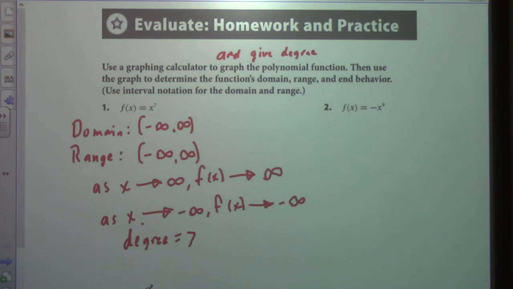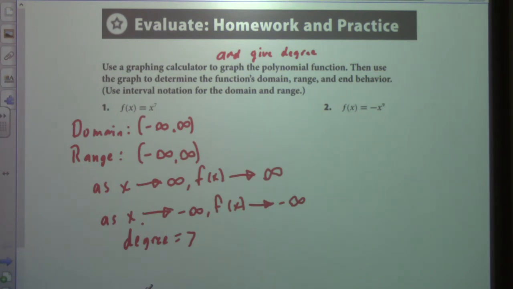to be f of x equals negative x to the, So the 7, the one we're doing right now? Yeah, it's number 2. Is it to the 9th? To the 9th, it is. It's really hard to see on this here. Yeah, it is kind of hard to see.